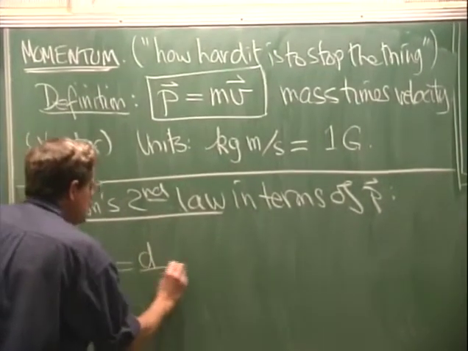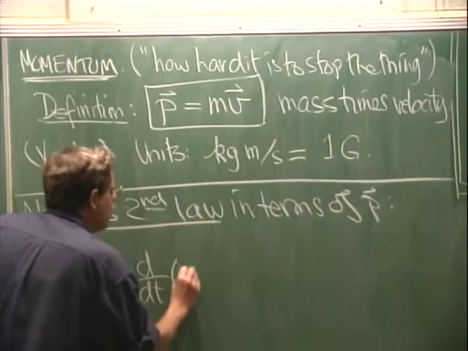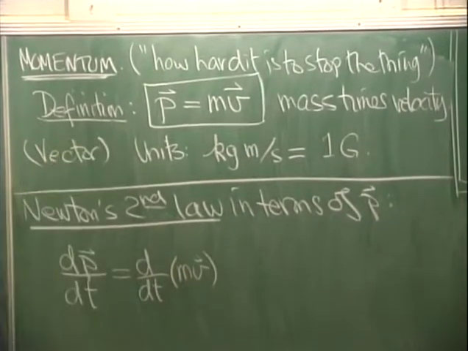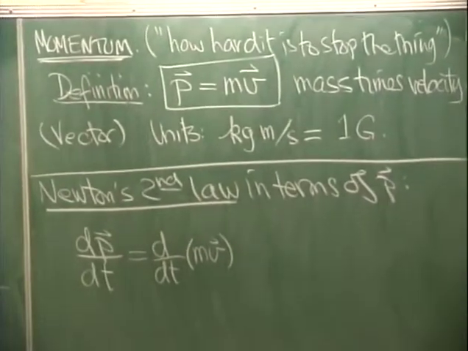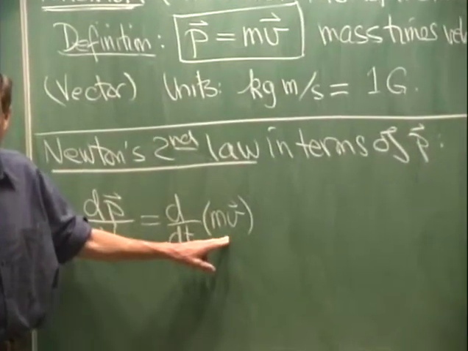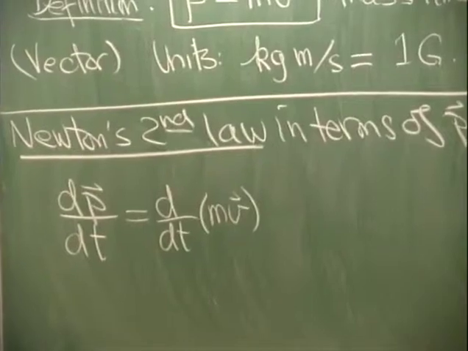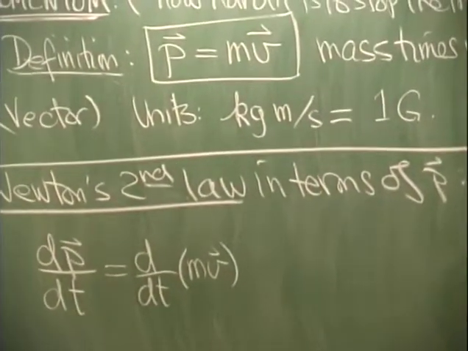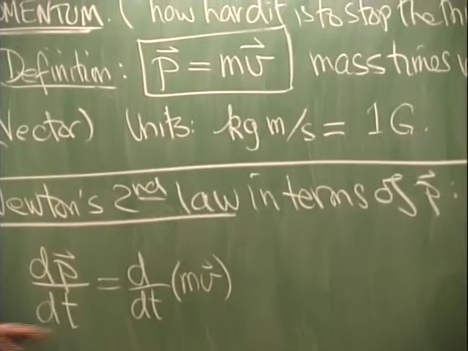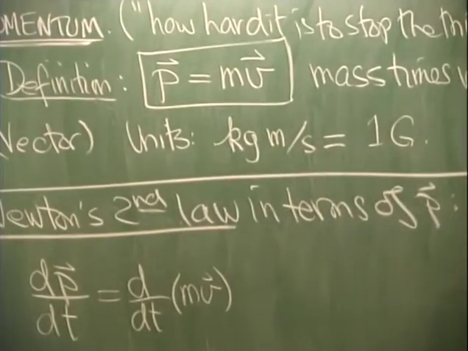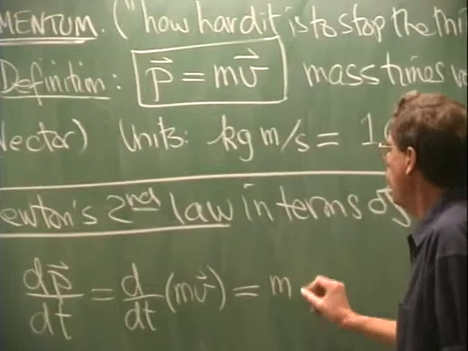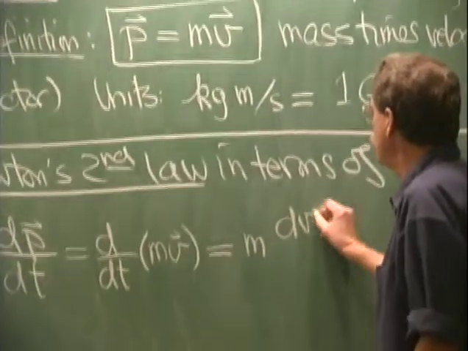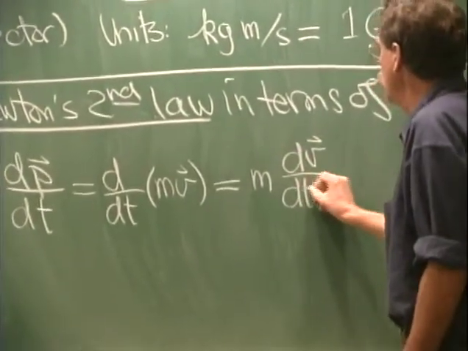Well, that would be d by dt, the rate of change of m times v. The mass is not changing typically. Actually, you can encounter, and we shall, when we study rocket motion, contexts in which the mass of the object itself is changing because it's spewing fuel out the back end or something like that. But the typical situation, mass is just a constant in here. It comes out in front, and I've got m times dv by dt.